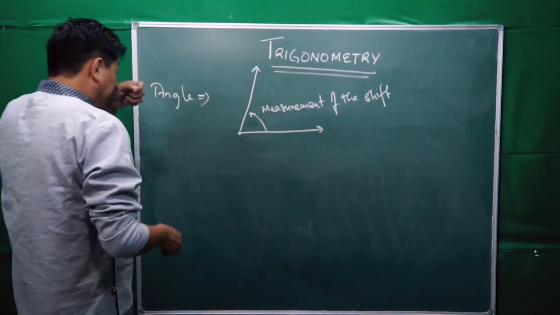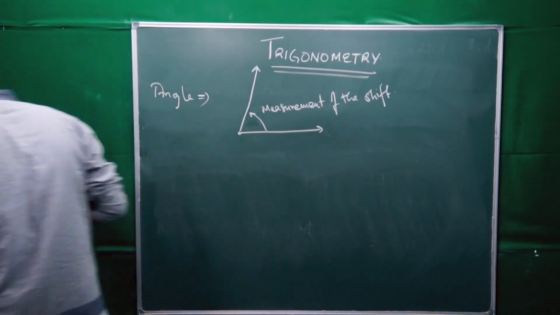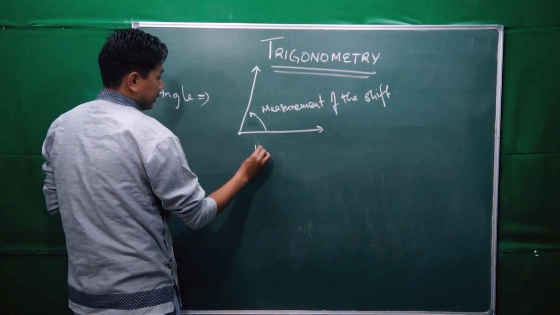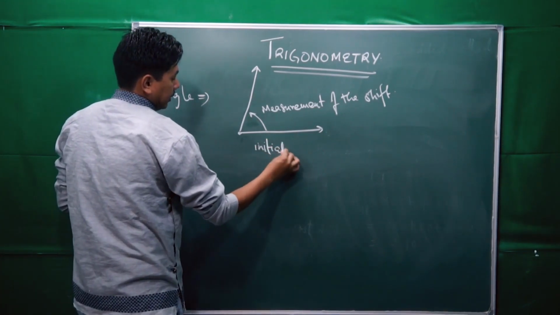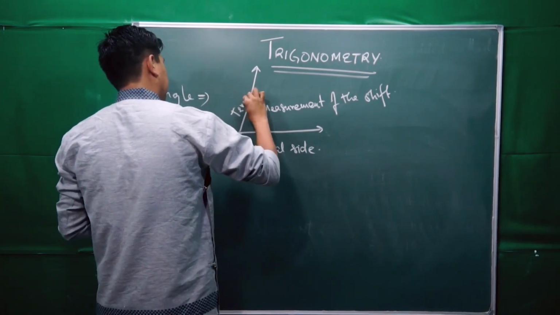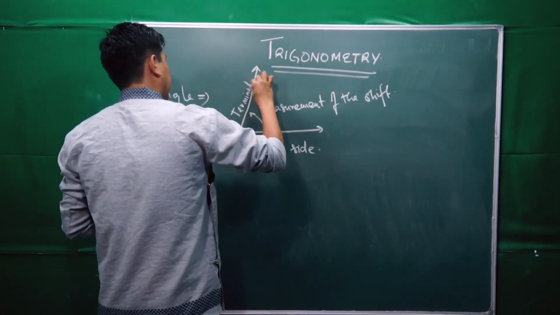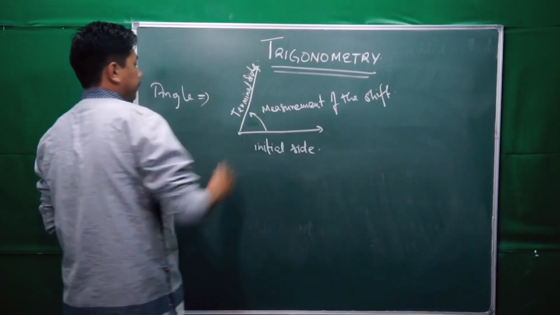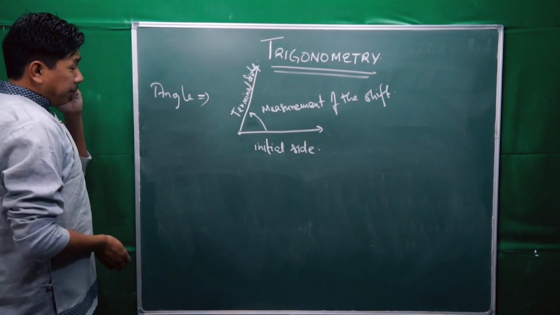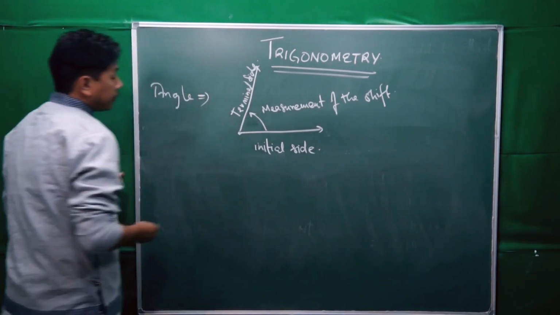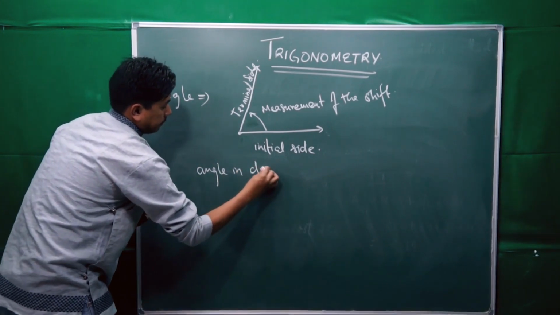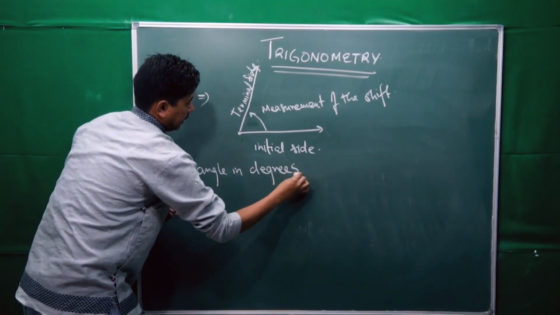So this is called the initial side and this is called the terminal side. All right, this is what an angle is. Clear? So moving further, we usually measure angles in degrees.